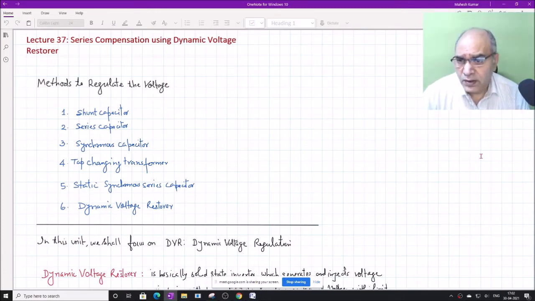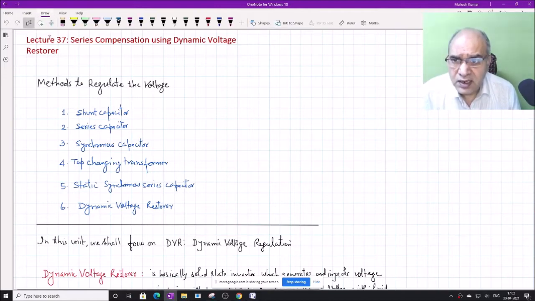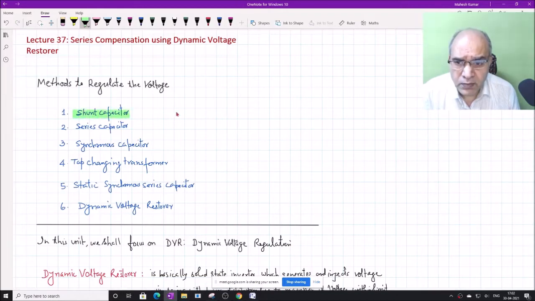You have gone through these methods in your other courses like FACTS devices, or let's say power stability, and these devices can be categorized as shunt capacitor, which is very common to improve the power factor and also to regulate the voltage.